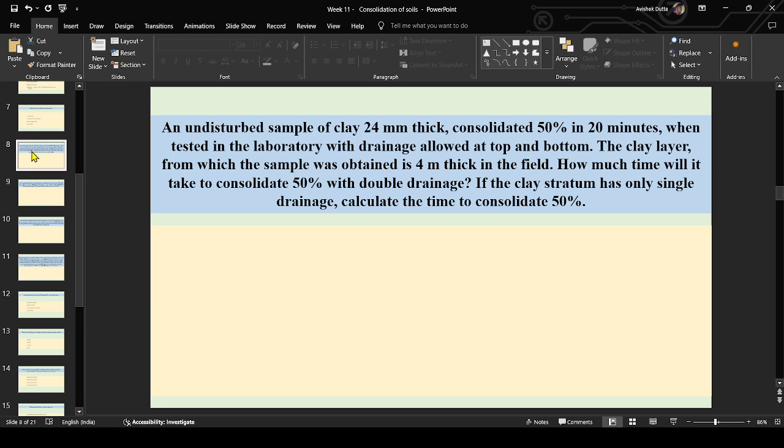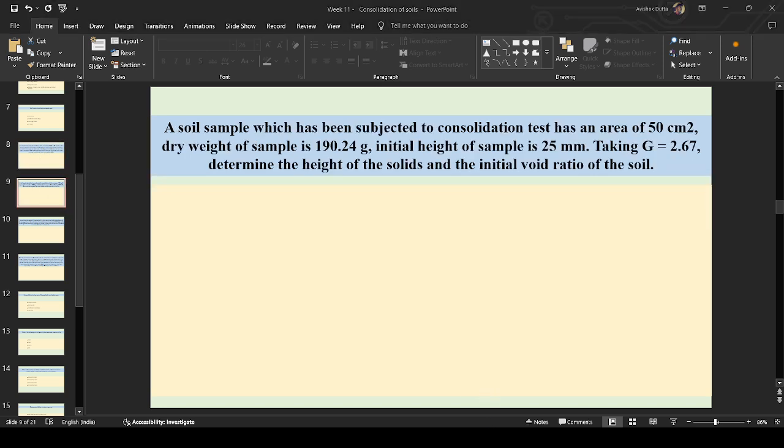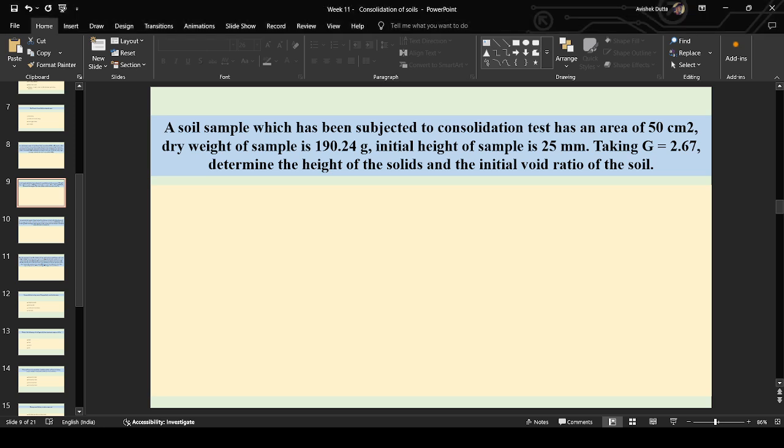All right, next question. A soil sample which has been subjected to consolidation test has an area of 50 centimeter square.